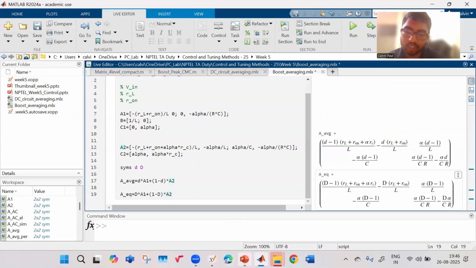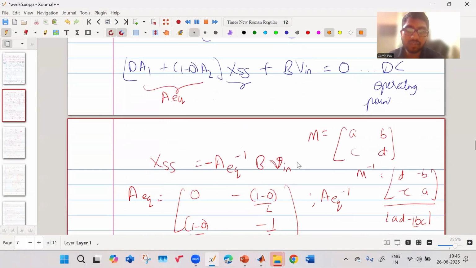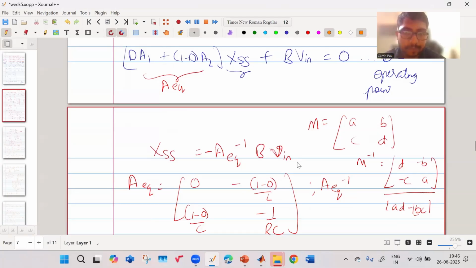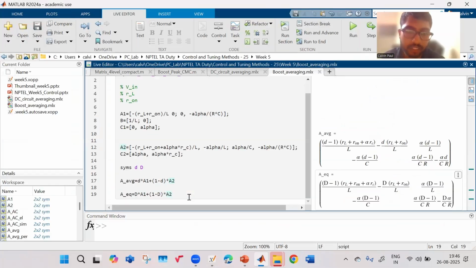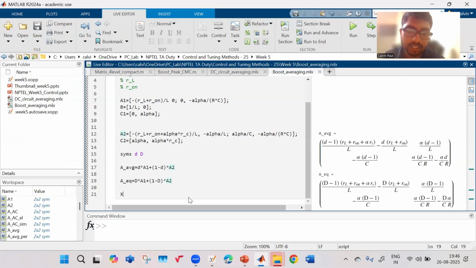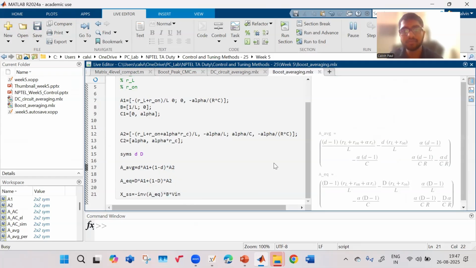Okay. What is our B equivalent? Our steady state also we can get. Steady state operating point we can get. X steady state is minus inverse of A equivalent into B into Vn. So let us run this and see.